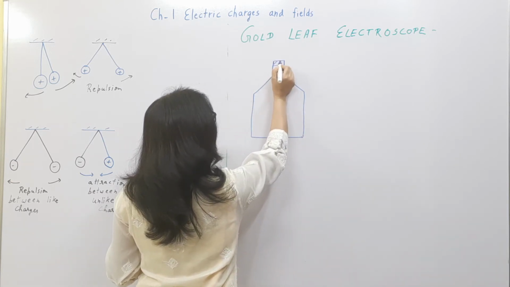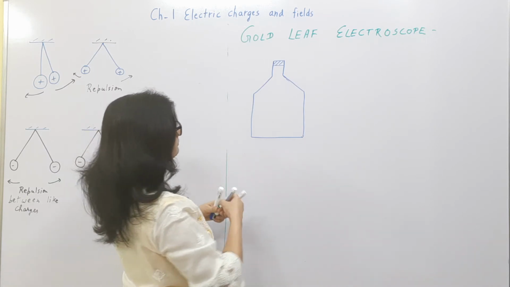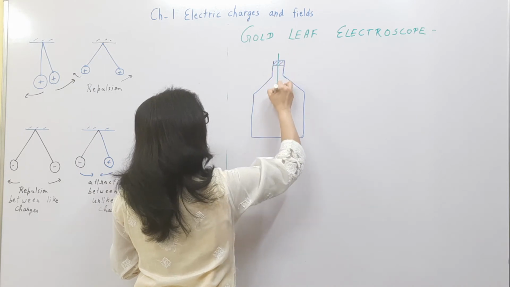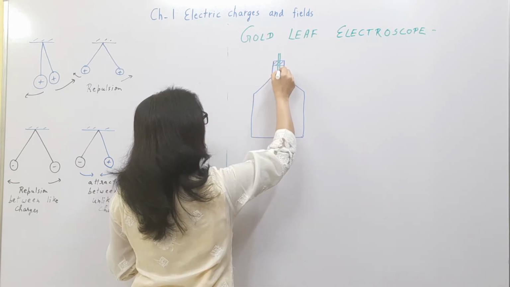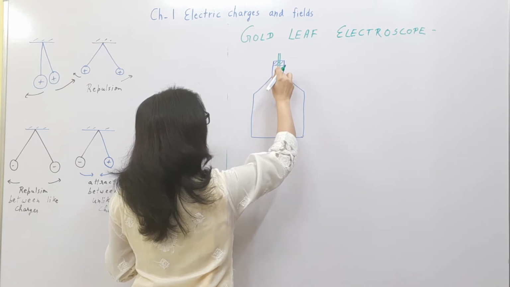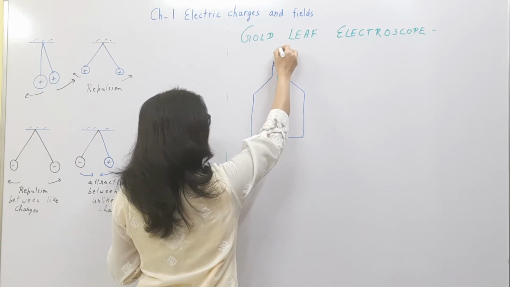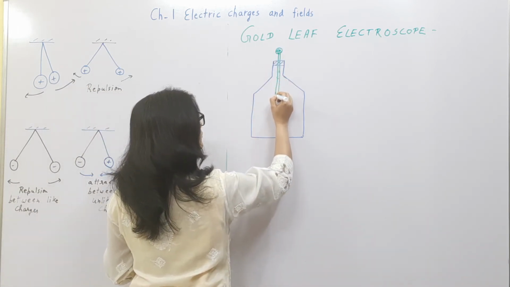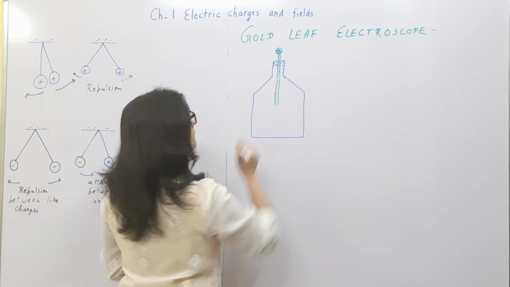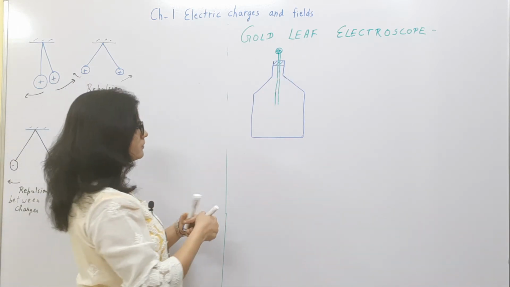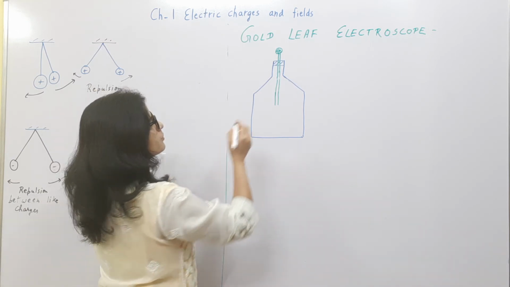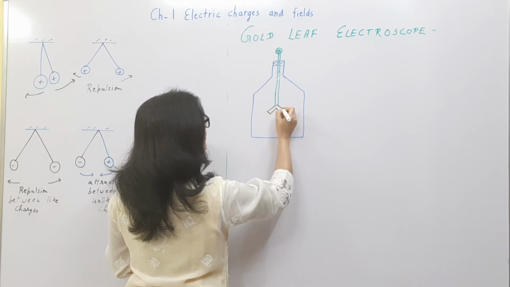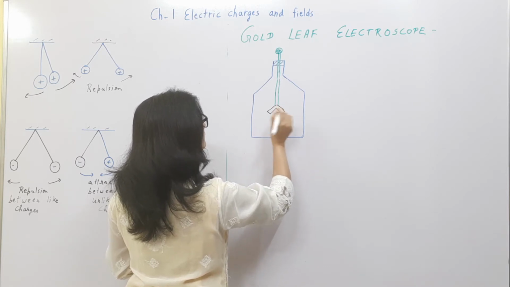where there is a cork and the metal knob which is passing through this cork. There is a metal knob over here, and this metal rod is continued to the two foils which are gold foils.